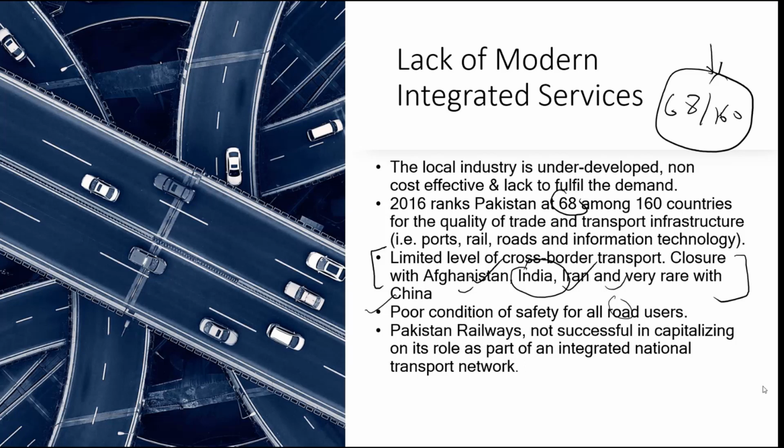The total railway network we have in the country is about 7,800 kilometers, and we have a rail share of about 2%, as I already mentioned, for passengers and 5% for freight. Okay, so you can see we already have a lot of vacuum to fill.